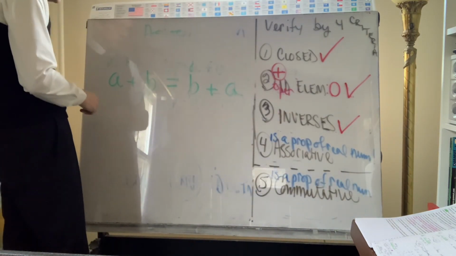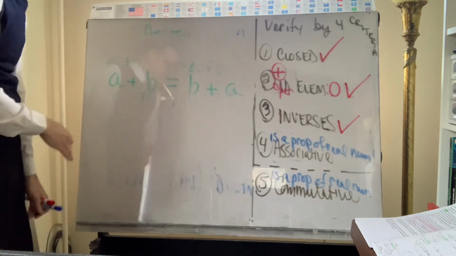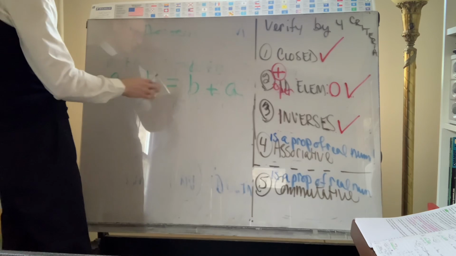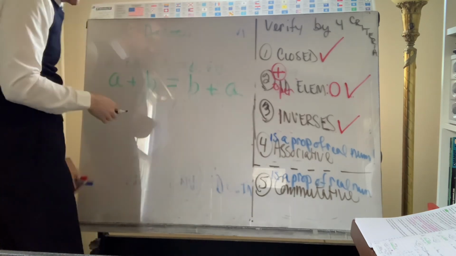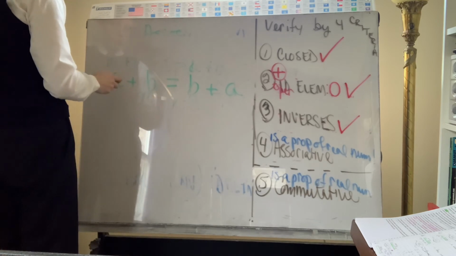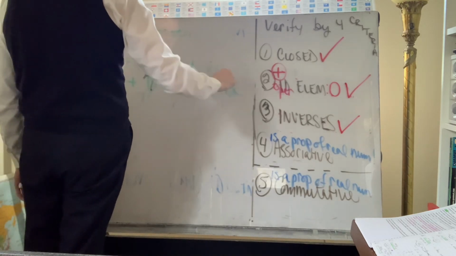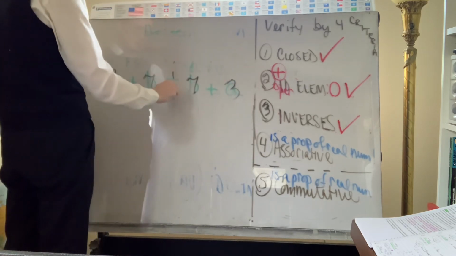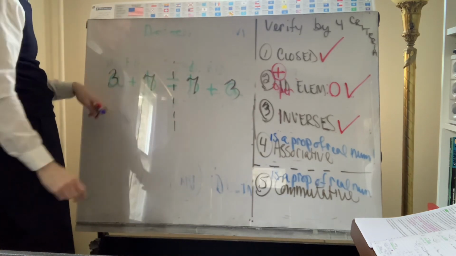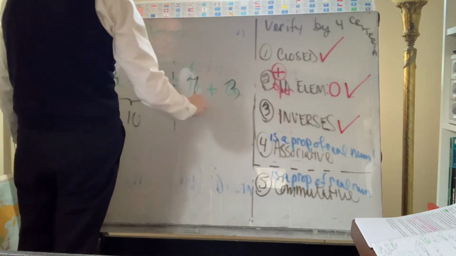You could again try out something more adventurous, like some irrational numbers, but they're infinitely stretching, so you're only going to be able to see the front end of it. Regardless, let's just say 3 plus 7 and 7 plus 3. Whether you arrange them this way or this way, you're going to get the same sum.